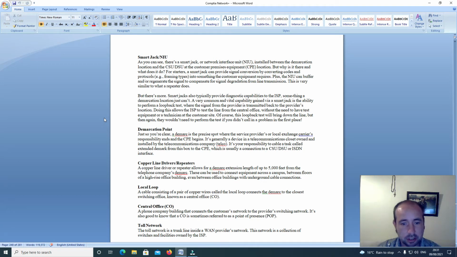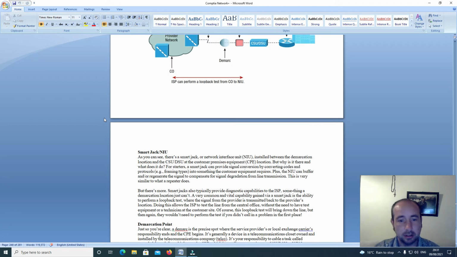Doing this allows the ISP to test the line from the central office without the need to have test equipment or a technician at the customer site. Of course, this loopback test will bring down the line, but then again, they wouldn't need to perform the test if you didn't call in a problem in the first place.